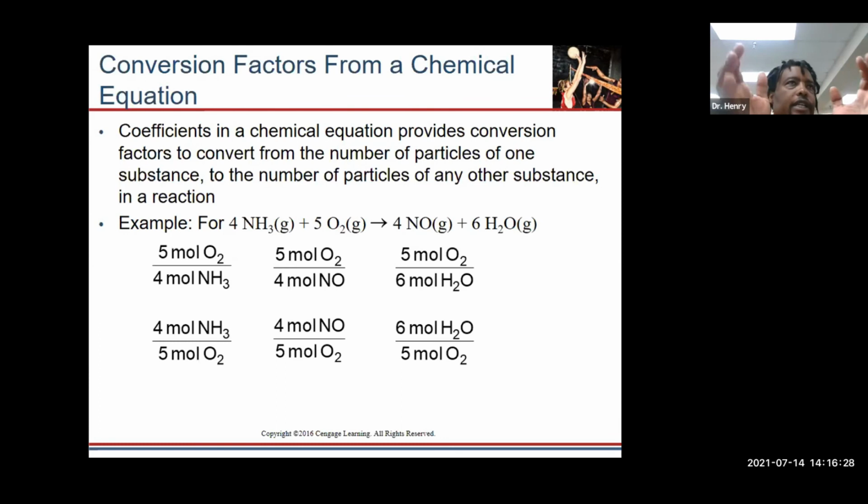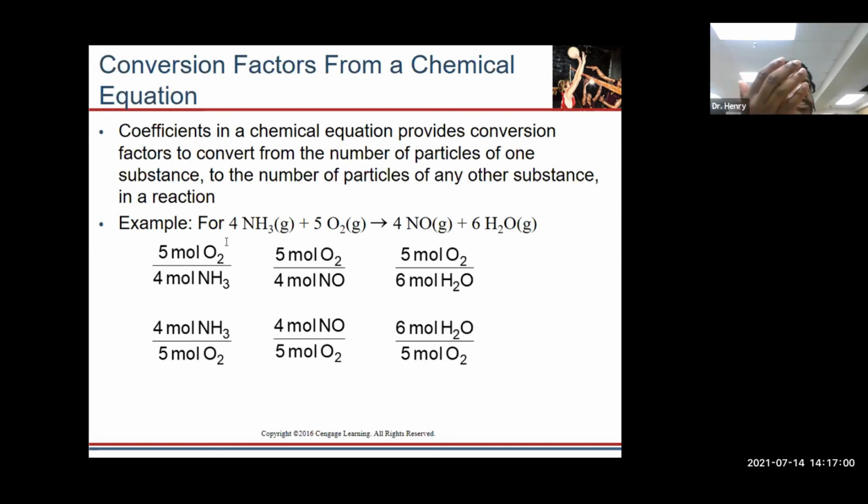Balanced chemical equations, those coefficients let us know the mole to mole ratio. For instance, for every 4 moles of ammonia, we're going to need 5 moles of oxygen gas so that we can get this reaction to happen. And for every 4 moles of ammonia, I can make 4 moles of nitrogen monoxide.